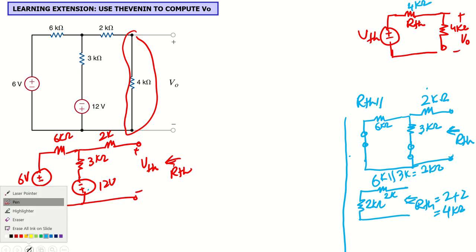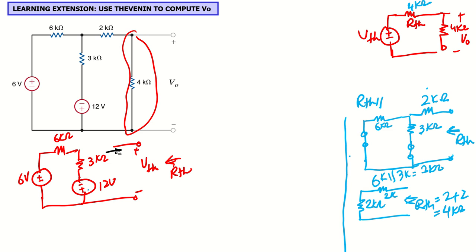Now the third step is to find V Thevenin. If you look at this circuit again, no current will be flowing through this 2K. So we can say that the voltage drop here is 0, and I can just replace it with a simple short circuit branch. Now the actual voltage drop V Thevenin is the voltage drop across this branch.